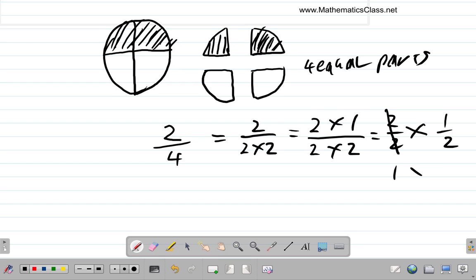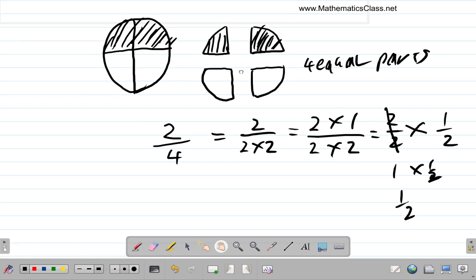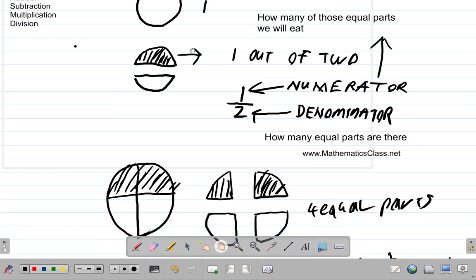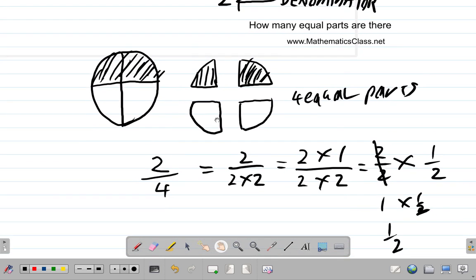So this becomes 1 times half. Which is what? It's the same as half. So you see the reason why 2 out of 4 looks like 1 out of 2. Because 2 out of 4 means half. So 2 out of 4 is an equivalent fraction to half, to 1 out of 2. You get that.